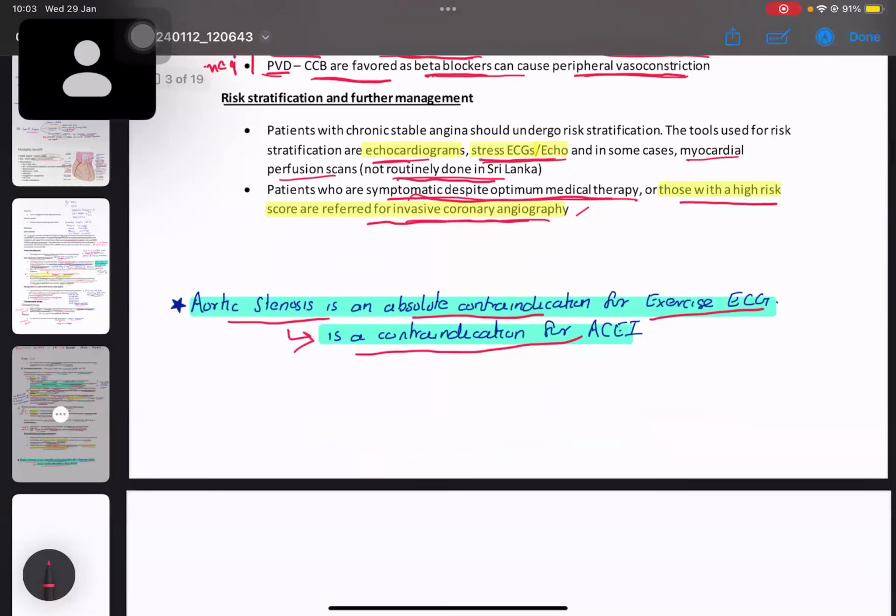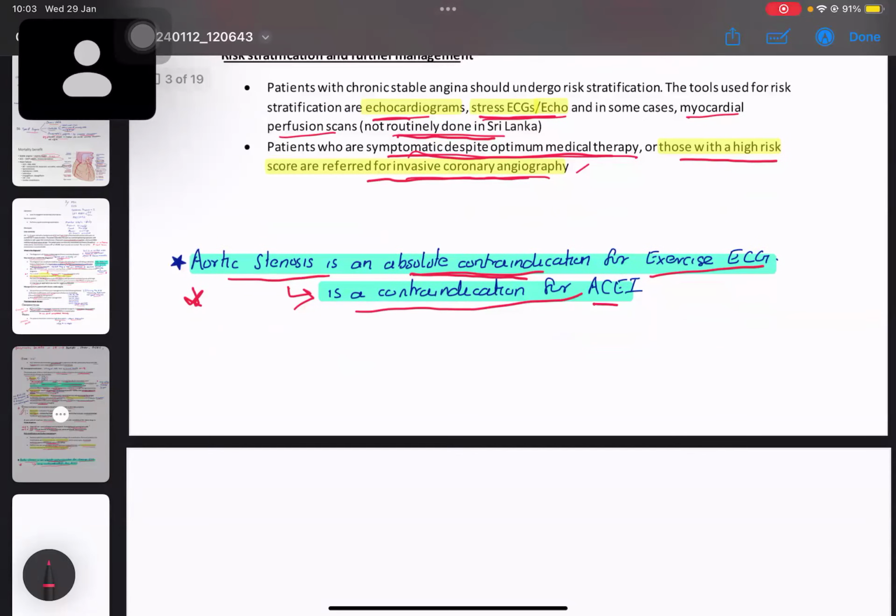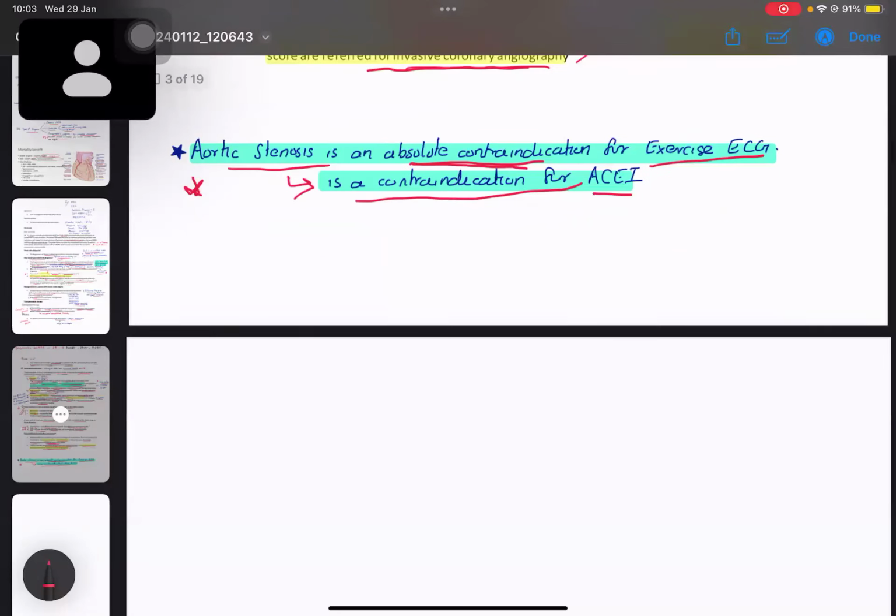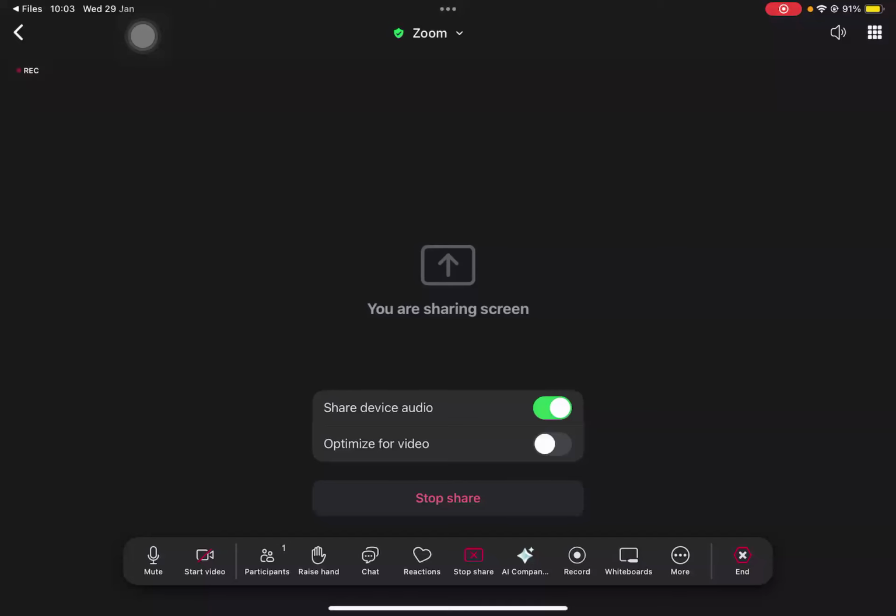And if the patient has aortic stenosis, there is an absolute contraindication for exercise ECG, and a contraindication for ACE inhibitors as well. This is all that you need to know in chronic stable angina.